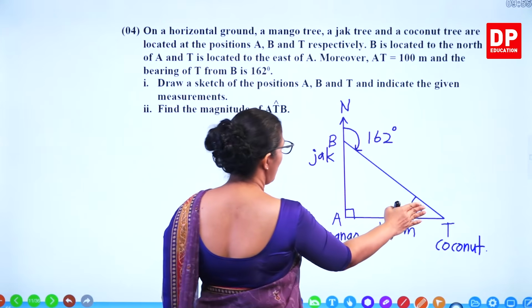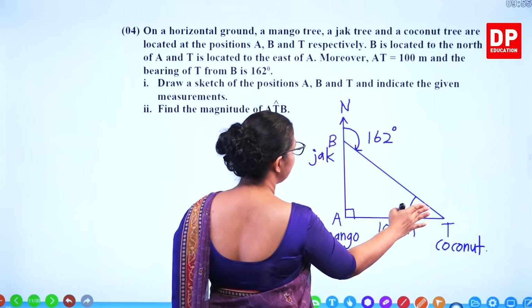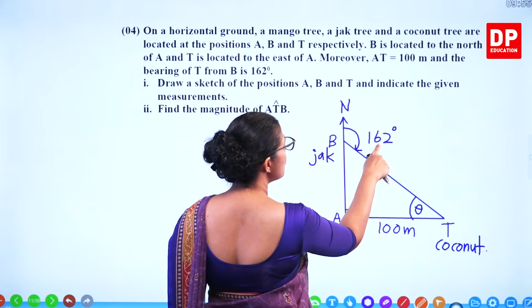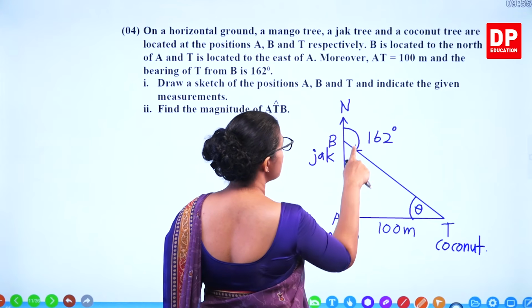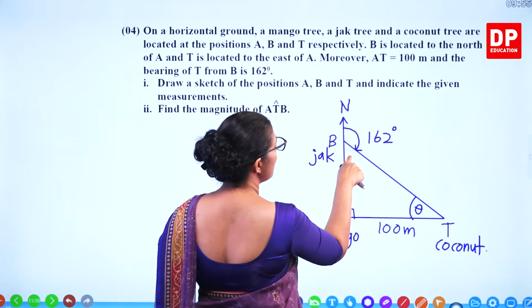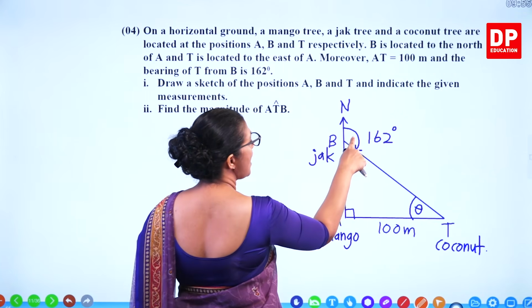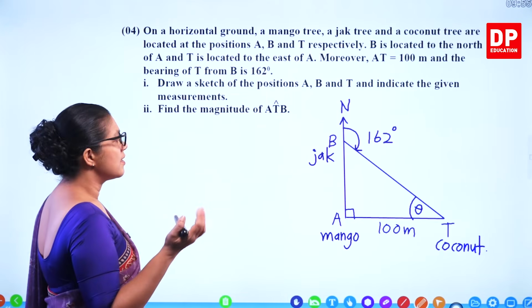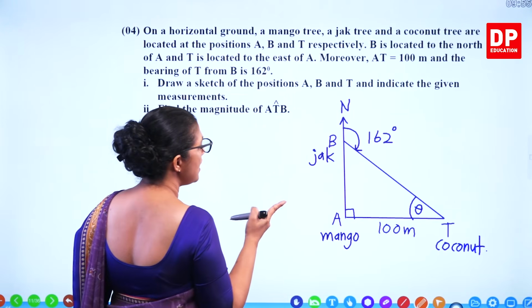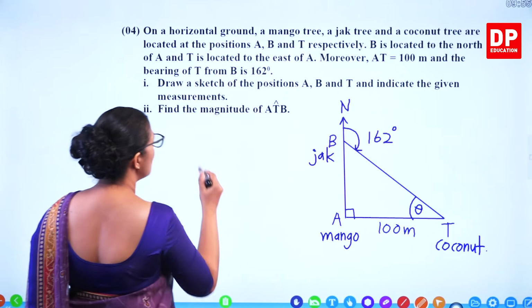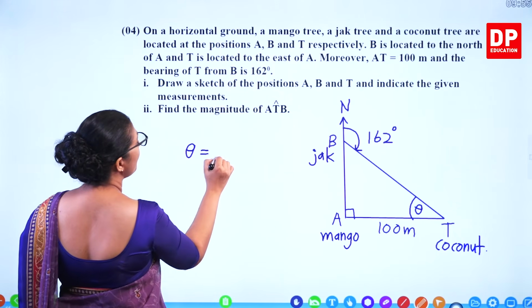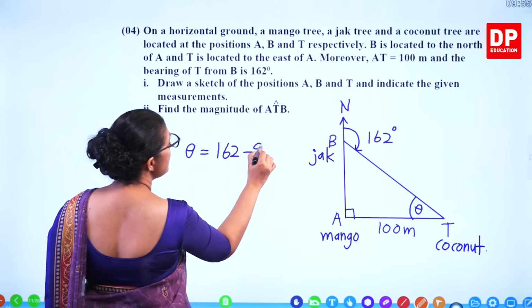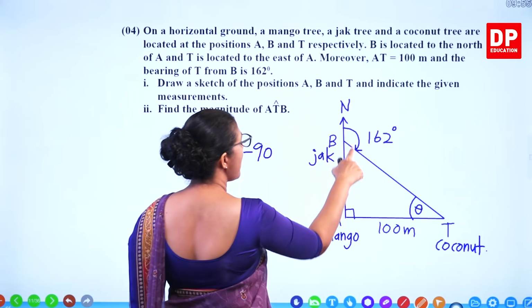So what's the value you know? This is 162. So what is this angle? You can find out this angle is the sum of these two angles. So you can find out theta by 162 minus 90 because this is the exterior angle.